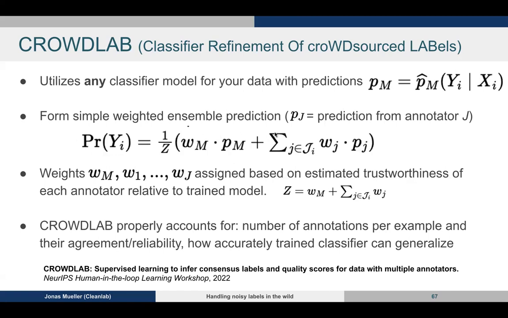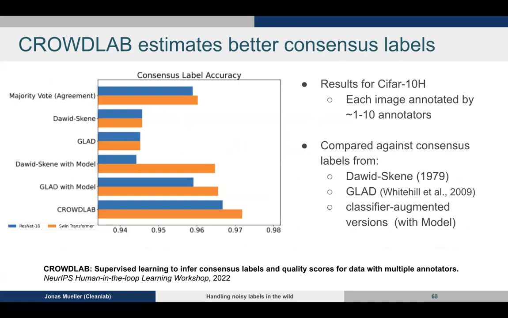Versus if you have a very accurate classifier model, then you trust the classifier model more. You're also taking into account the confidence of the classifier model itself, because you're using this probabilistic formulation from the classifier model. And so, yeah, this really gets you the best of all worlds and works well also for data where some data points are labeled by a lot of annotators, and some data points are only labeled by one annotator. And you can really start to get good consensus scores and good consensus labels this way.